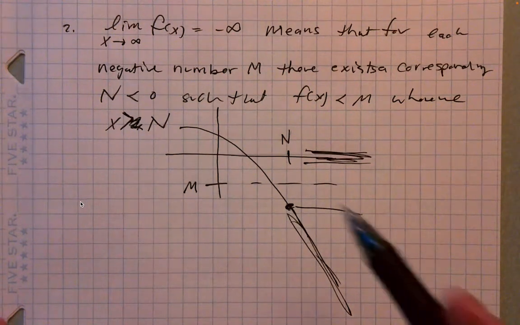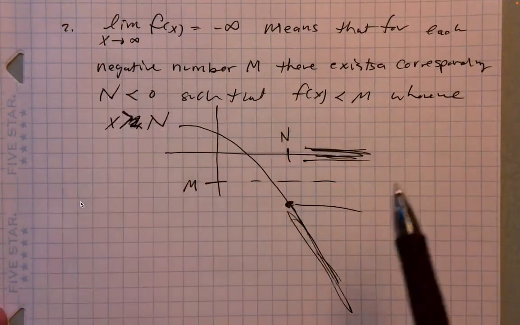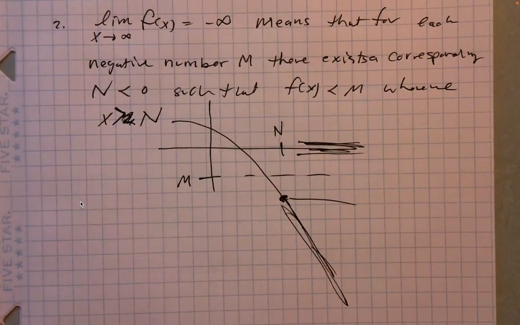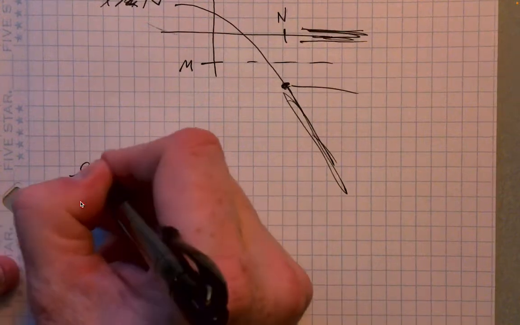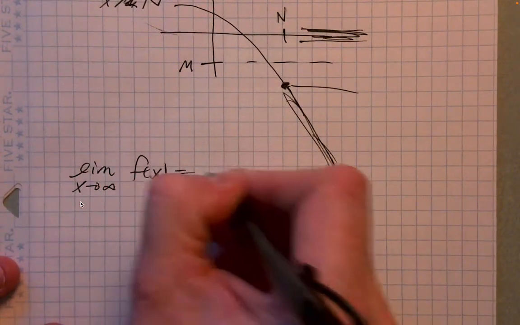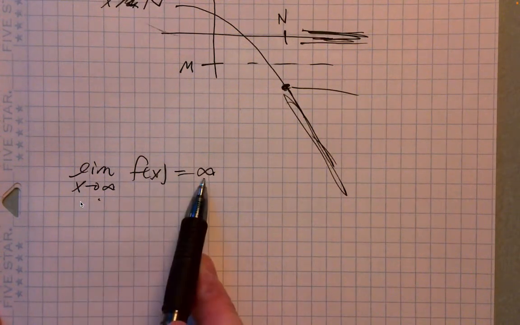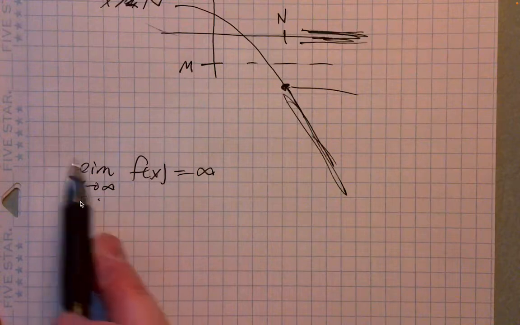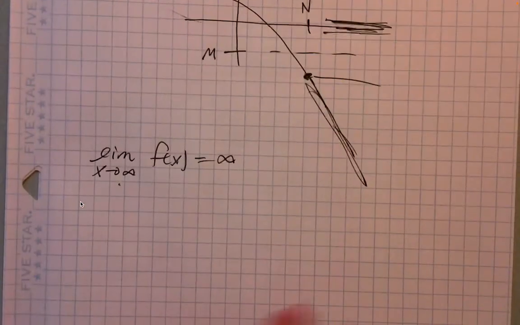But having it defined justifies usage of the statement that the limit as x approaches infinity of f of x equals infinity, because infinity is not a real number. So this is not strictly speaking true without a definition like the one we just went through.